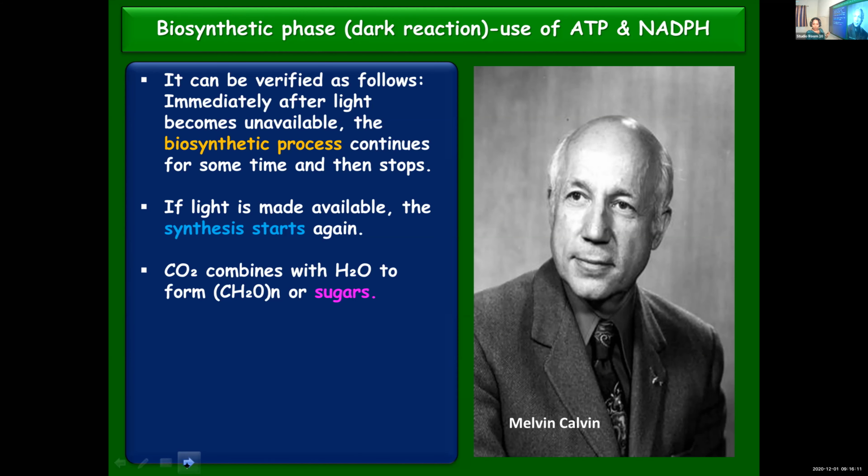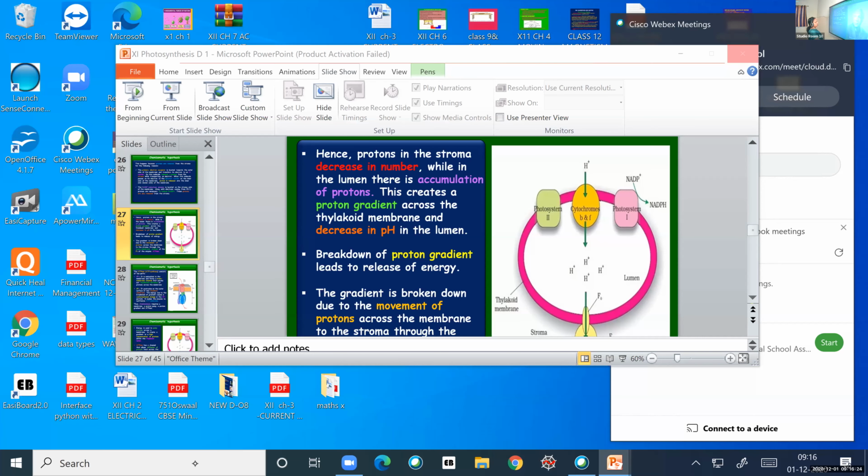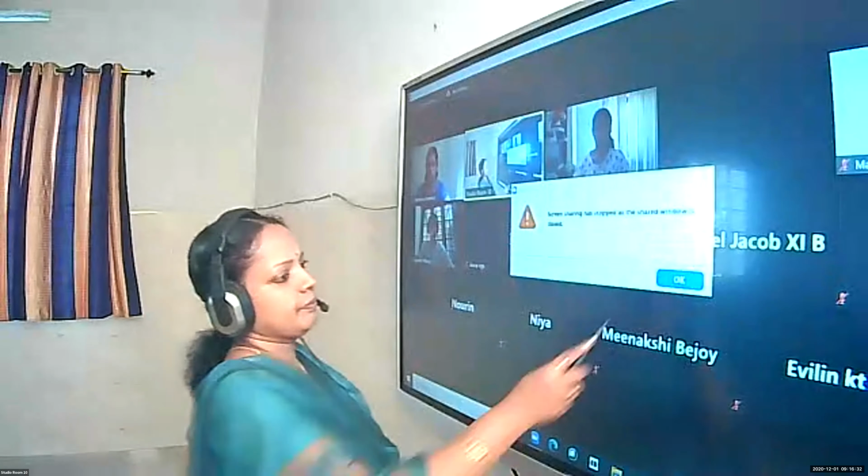When carbon dioxide is getting fixed, sugars will be formed. And water is also needed because that is also an important raw material for photosynthesis. Have you understood?